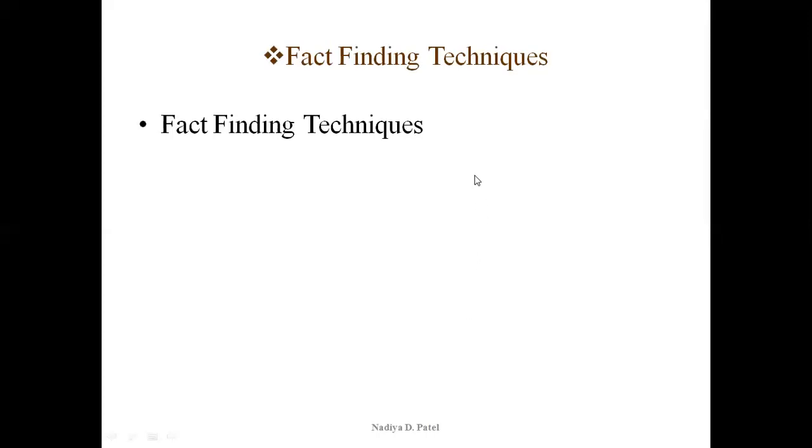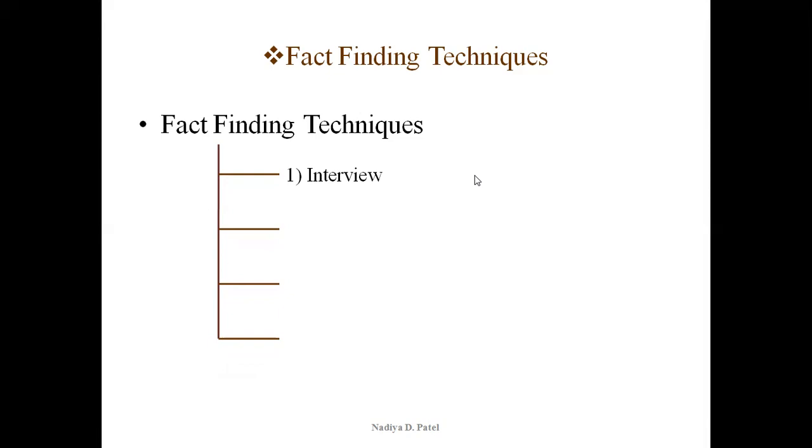So let us see what the different fact finding techniques are. The first technique, the best technique to follow and very widely used in industry, is the interview. We are going to query information, we are going to ask for information.